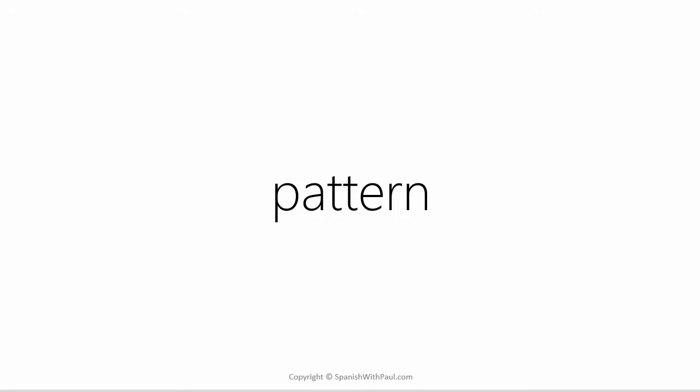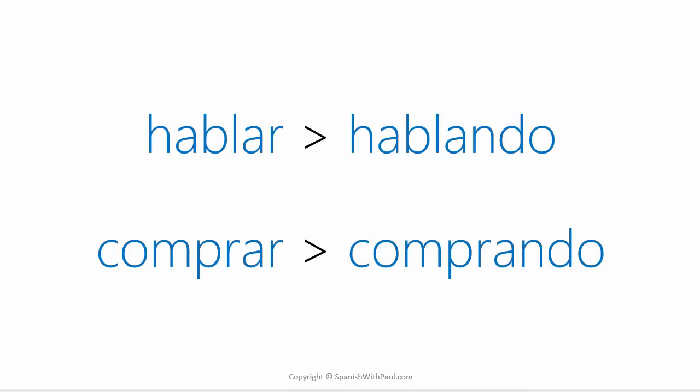I would like you to notice a pattern in sound here. We have hablar going to hablando and comprar going to comprando. So we have hablando and comprando. Now I'd like you to guess the next one.